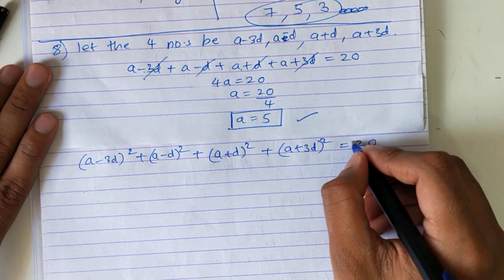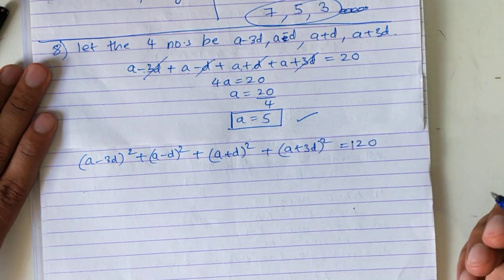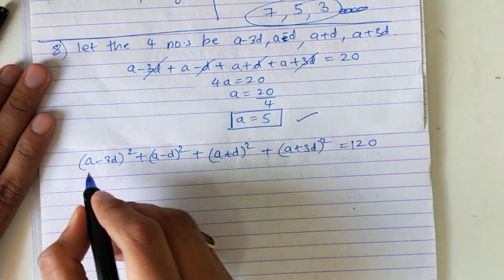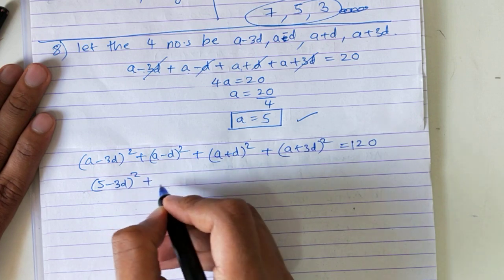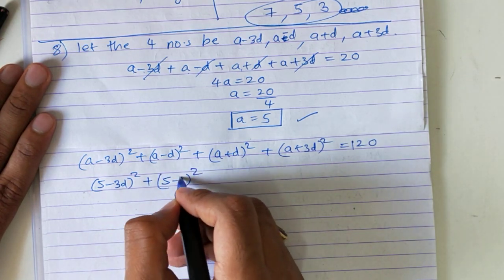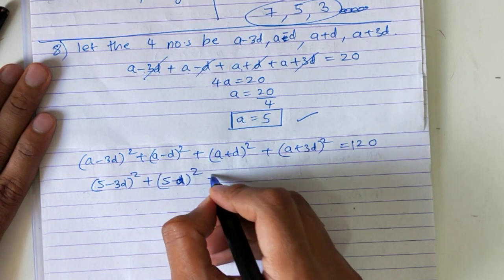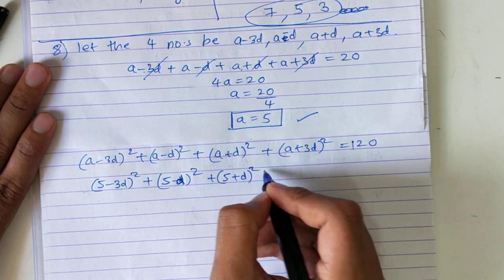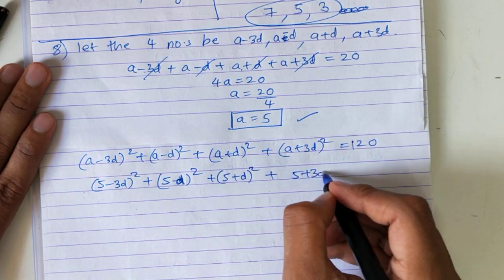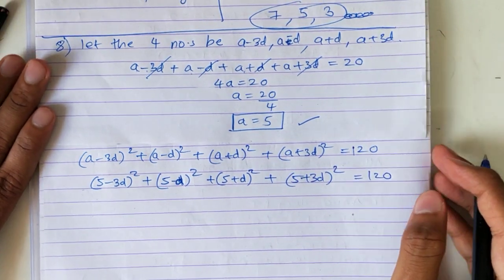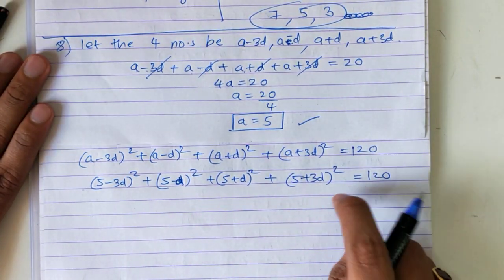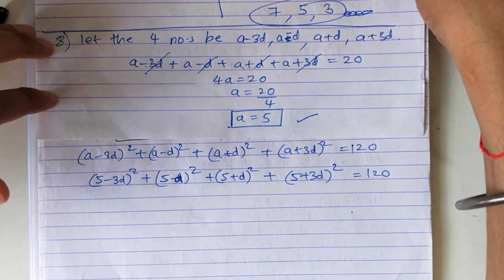The sum of their squares is 120. Okay, so a की जगह पे 5 लिख देते, 5 minus 3d the whole square, 5 minus d the whole square, 5 plus d, 5 plus 3d. Okay, you can even try to solve it on your own. Okay, it is better if you do it on your own.